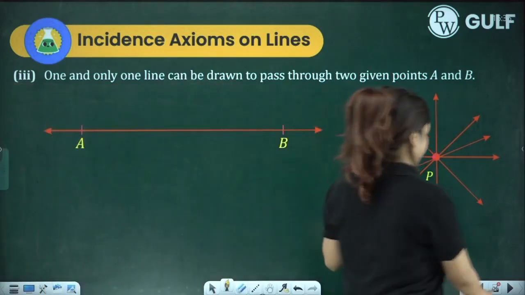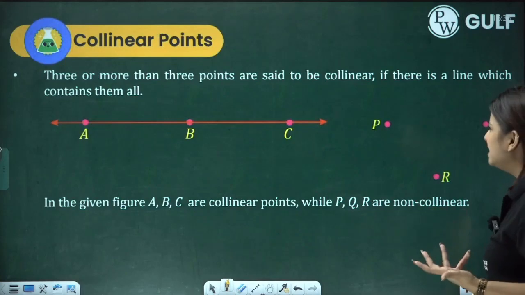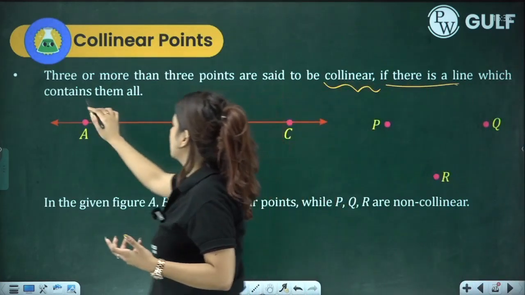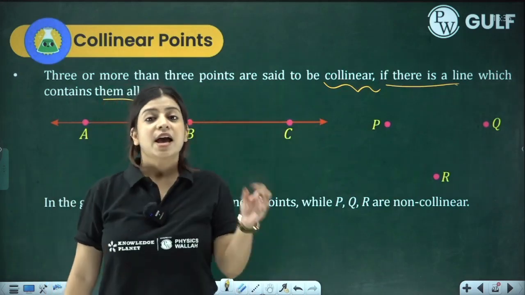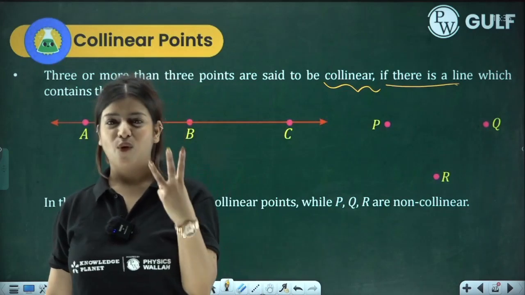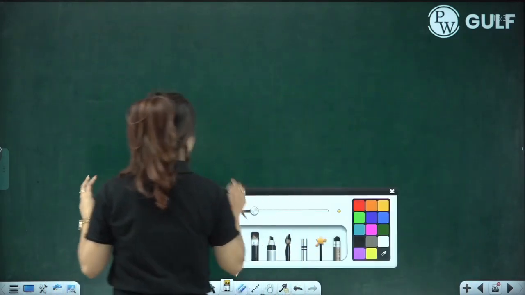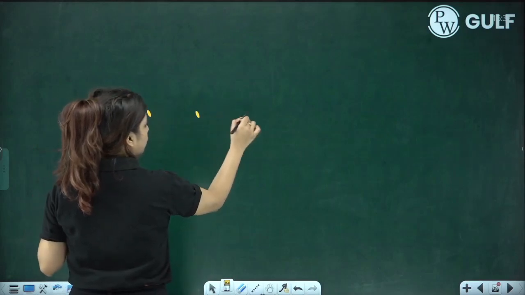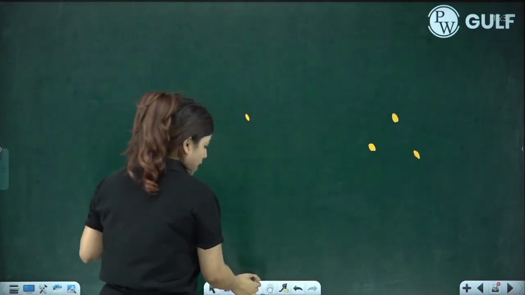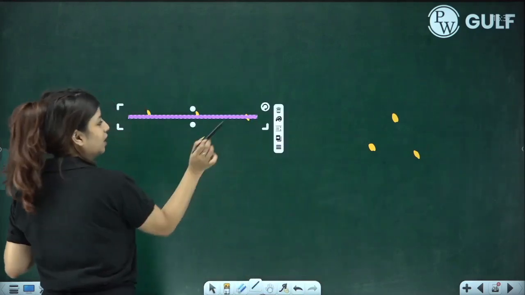The next we have is 3 or more than 3 points are said to be collinear if there is a line which contains them all. That means if one single line passes through those 3 points, then the points are called collinear. For example, 1, 2, 3, and for example 1, 2, 3. Now in the very first example, student, this line can pass through all the 3 points.